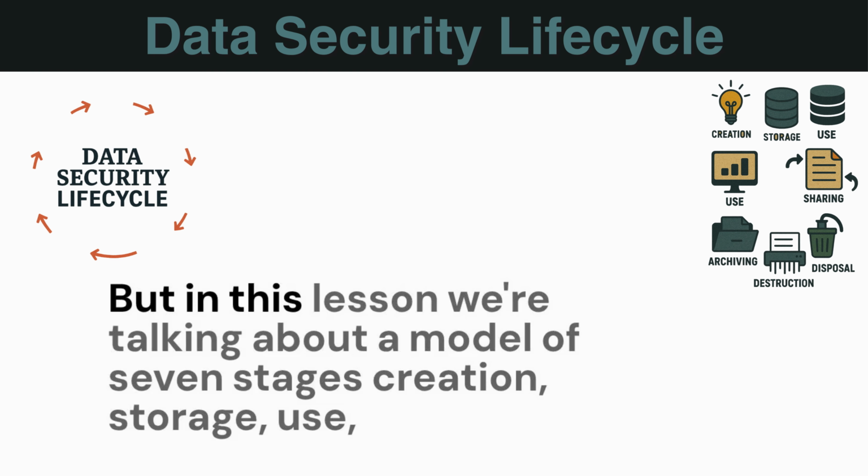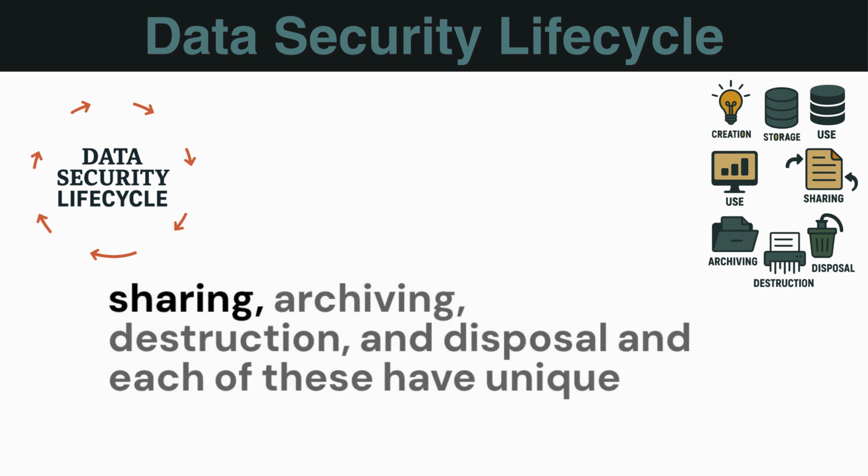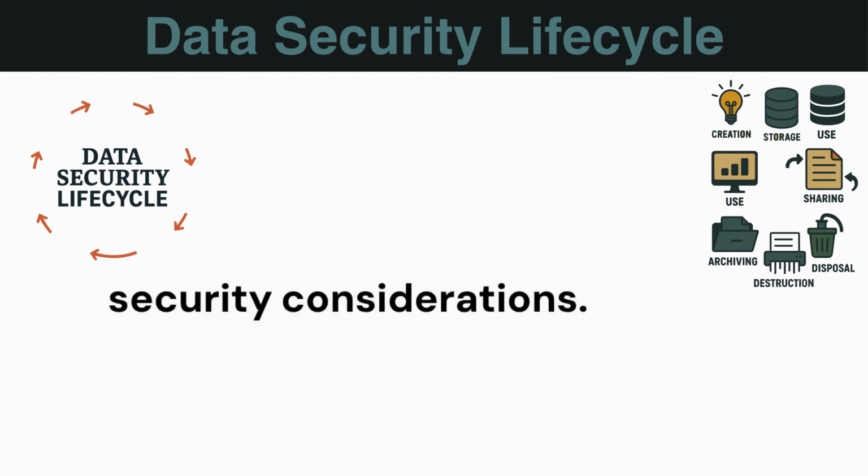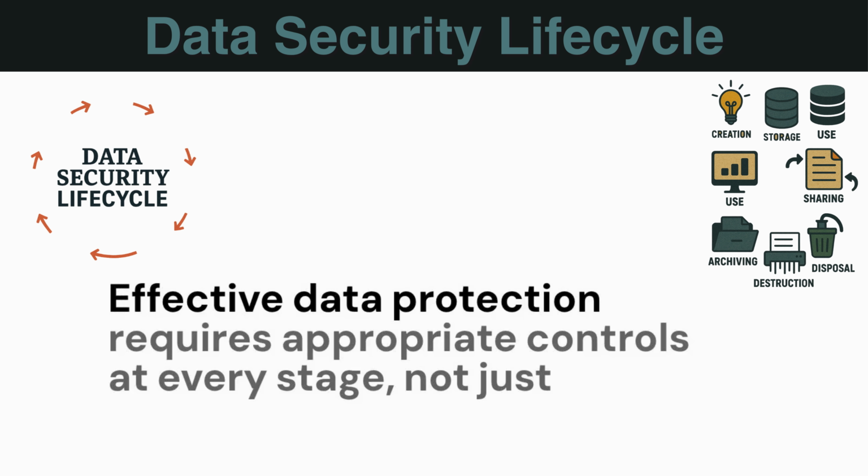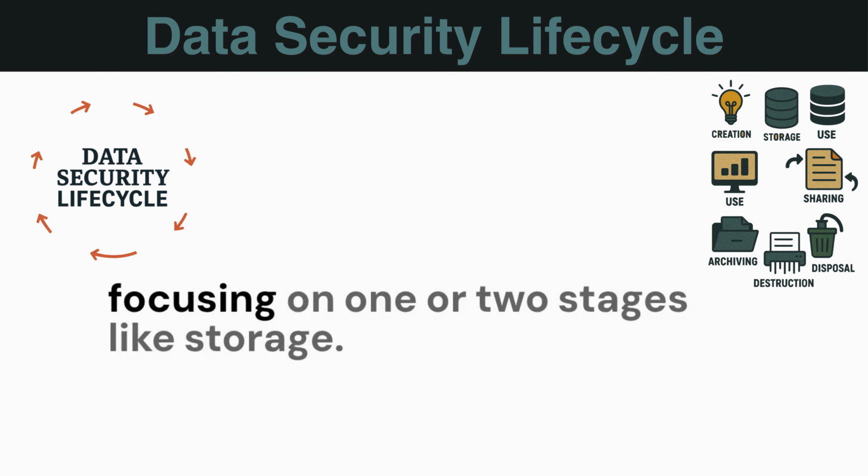But in this lesson, we're talking about a model of 7 stages: creation, storage, use, sharing, archiving, destruction, and disposal. And each of these has unique security considerations. Effective data protection requires appropriate controls at every stage, not just focusing on 1 or 2 stages like storage.